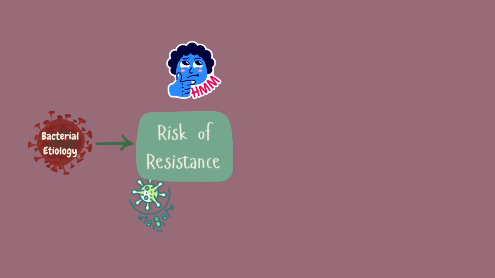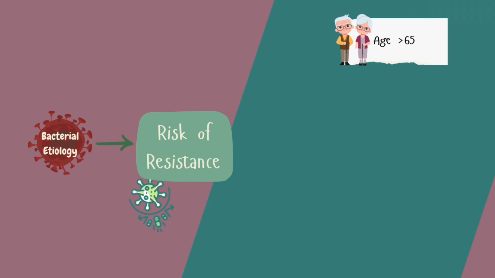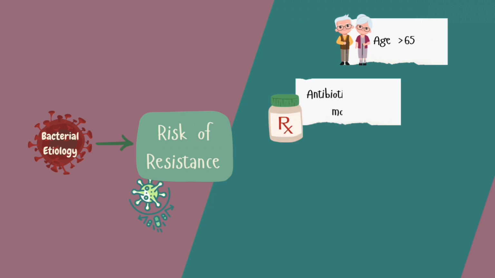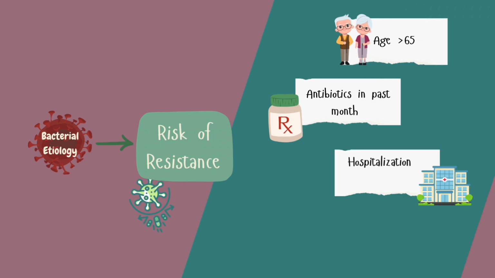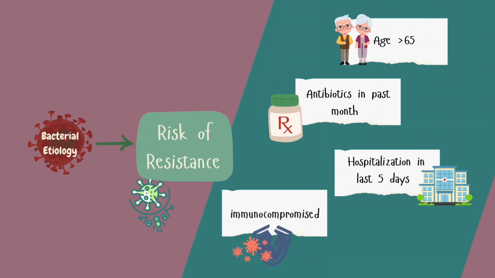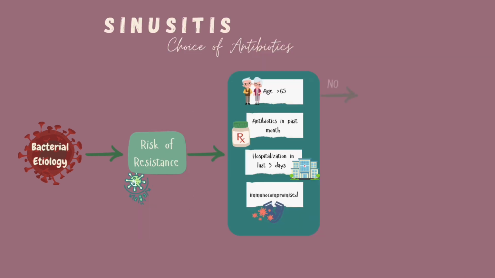Anyone over the age of 65, or someone who has used antibiotics in the last month, or someone who has been hospitalized in the past 5 days, or someone who is immunocompromised has an increased risk of being infected with bacteria that has developed resistance to some antibiotics.